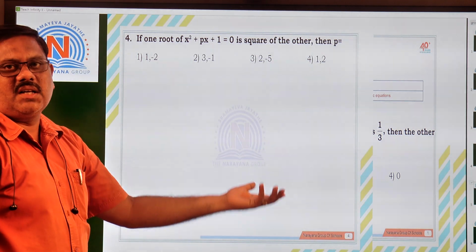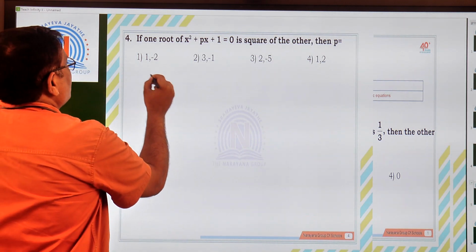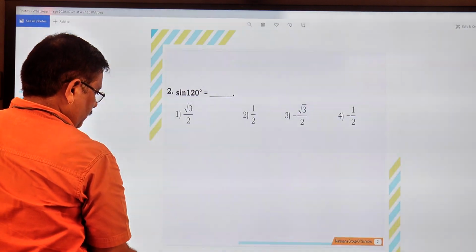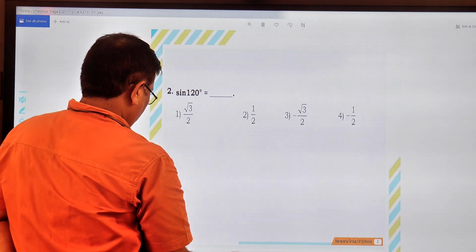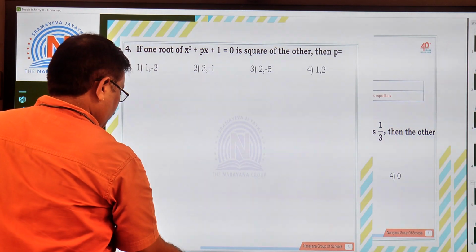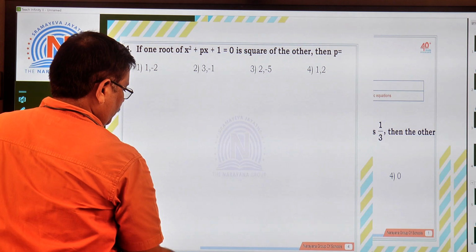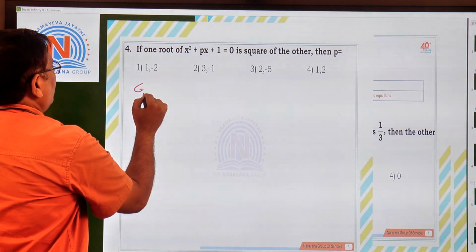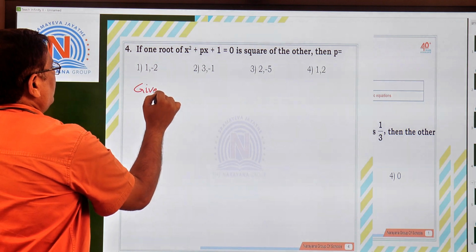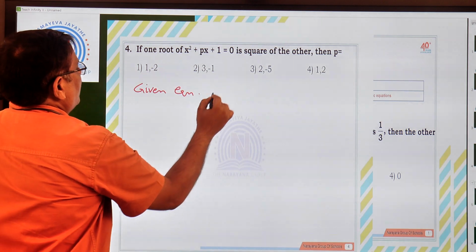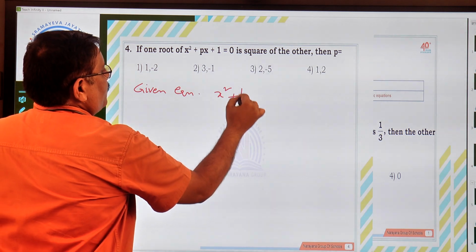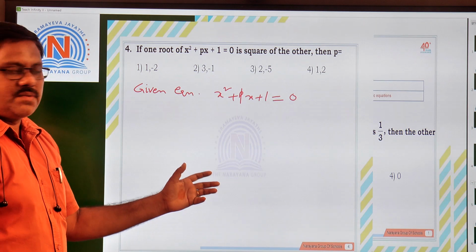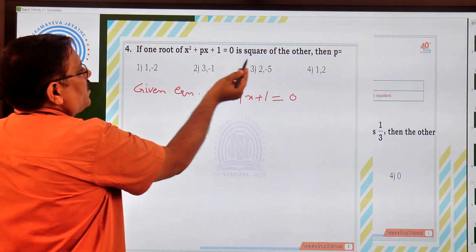One root is the square of the other, he is saying. So the given equation is x square plus px plus 1 is equal to 0. He is saying that 1 root is the square of the other.